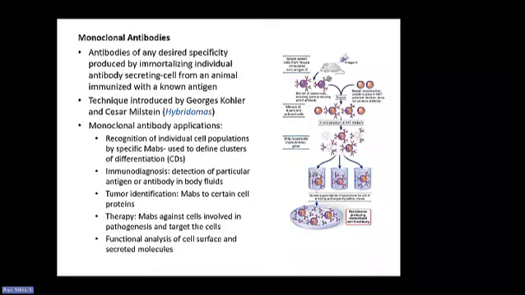But those could be against various specificities, and it's difficult to determine which type it is. However, this process was used by scientists, Kohler and Milstein, to form something called hybridomas, so that you can produce monoclonal antibodies of desired specificity.